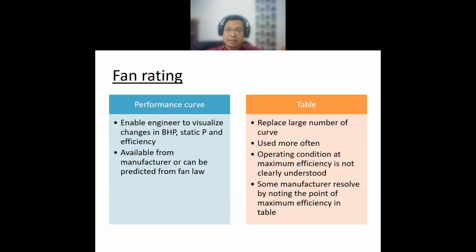So we can operate this fan only in that range, and maintain it in that range.